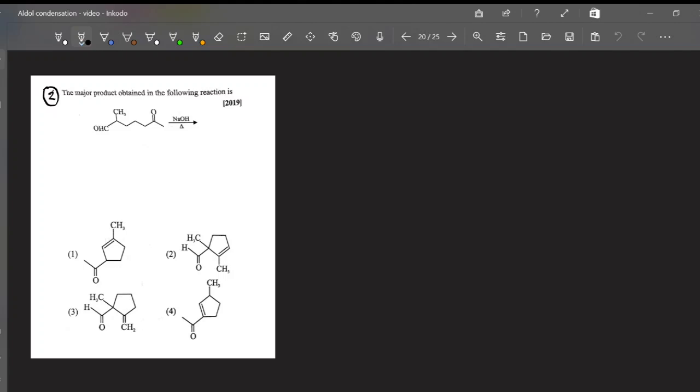But if within the same molecule we have both the carbonyl groups available to undergo aldol condensation, then that reaction is called intramolecular aldol condensation. Let us try to understand. I'm writing the compound again here. Please try to understand. There is one ketone group here, and there is one aldehyde group here. Very important.